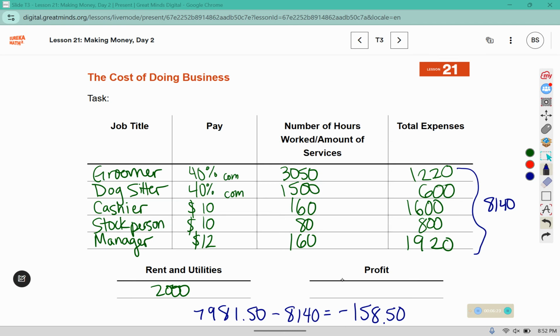So you might reevaluate. Maybe my stock person doesn't work 80 hours in a month. Maybe my groomer gets paid hourly instead of paid based on a commission. Let's evaluate what that might do.